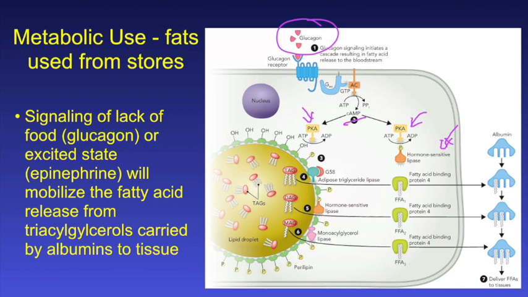The glucagon goes to the fat storage adipose tissue. It starts mobilizing that fat to be going into the albumin. Then the albumin takes it to the muscle cell, and the muscle cell will then start to break it down. You can only start losing weight if you start breaking down the fat that was stored in the adipose tissue. It takes time for the body's metabolism to shift to using that particular energy source.